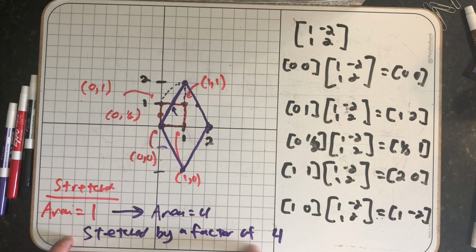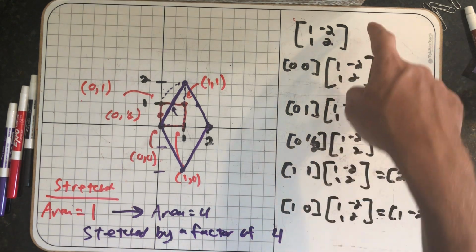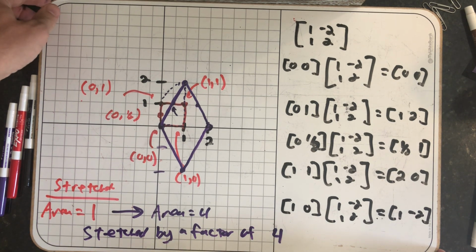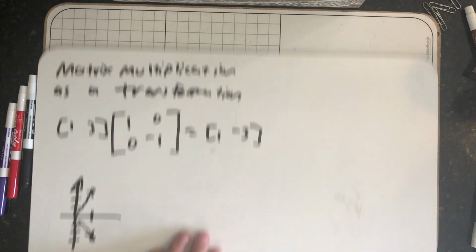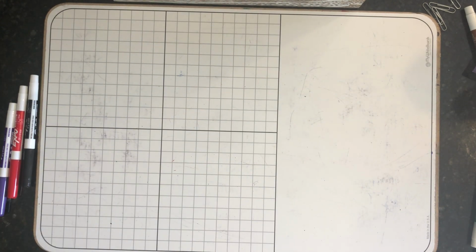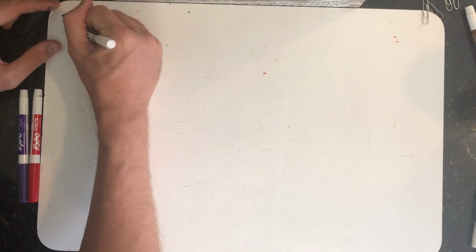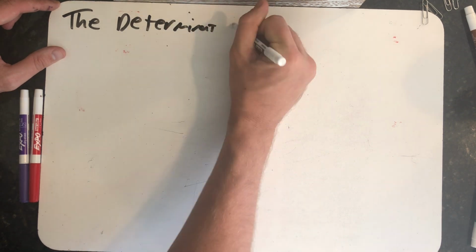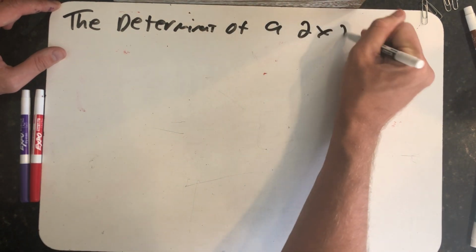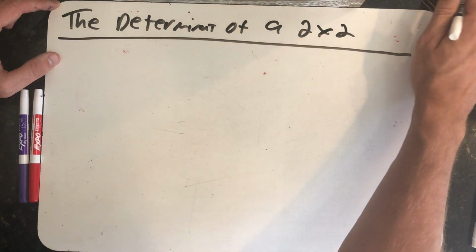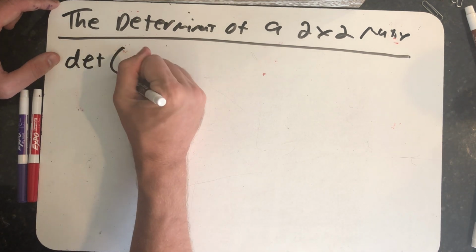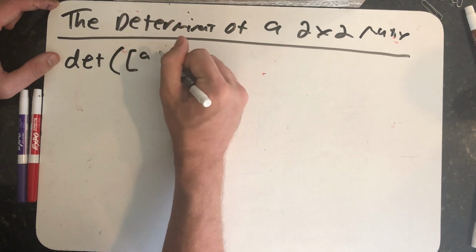I want to talk about this stretching and a way that I knew when I started that this matrix would actually stretch my original square. The determinant of a 2 by 2 matrix. So I could write that down as determinant, and then in there write a 2 by 2.